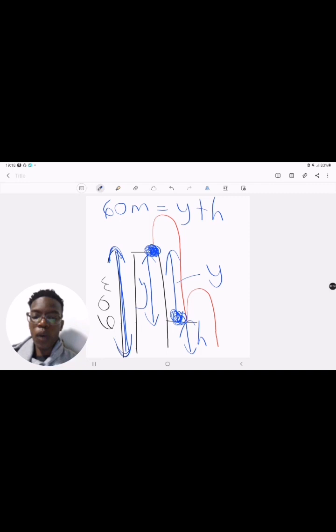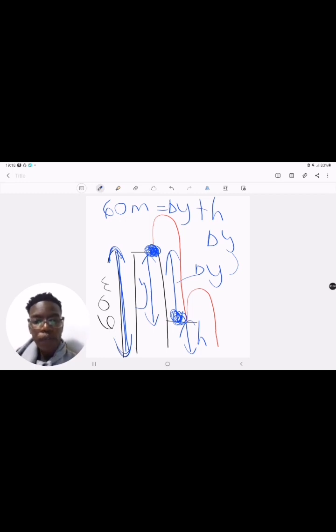You can call it delta y. I'm calling it delta y for the sake of the equations of motion, but there's nothing wrong if you call it y. You can even call it your name if you want.